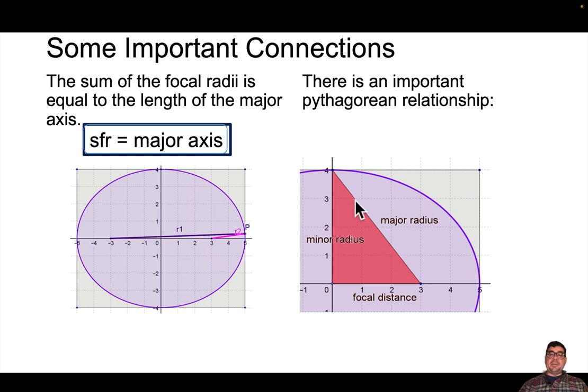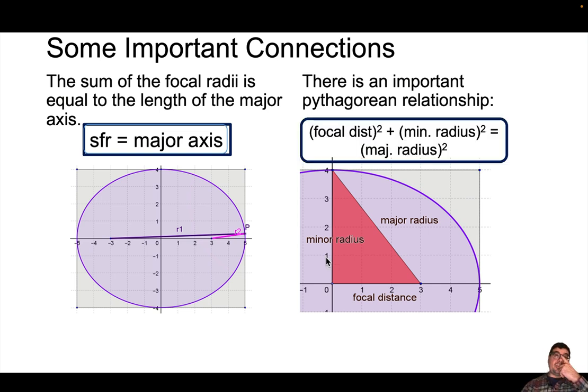So the hypotenuse of a triangle right here could represent the major radius. If this leg is the focal distance, that's the distance from the center of the ellipse to a focal point, and this leg is the distance from the center to the covertex, which is half the minor axis, the minor radius. And that's the relationship we need.